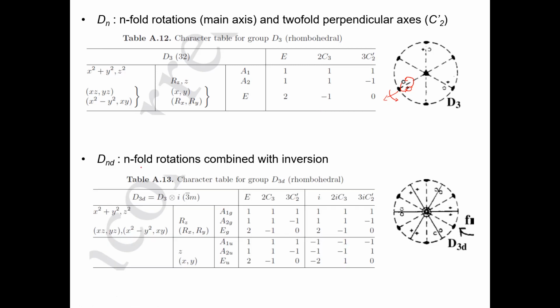And you can have also Dnd and Dnh. In this example, D3d, you can combine that with inversion, and we're starting to see that you can have more symmetric groups. The number of symmetry operations is increasing every time, and the stereograms become more complicated, but that's the D3d group.